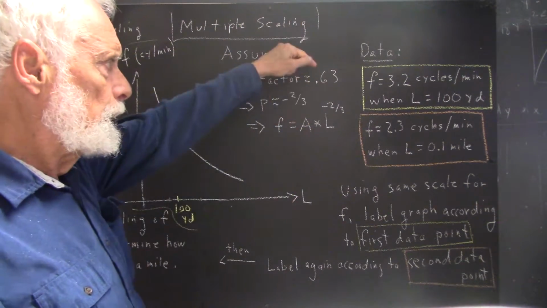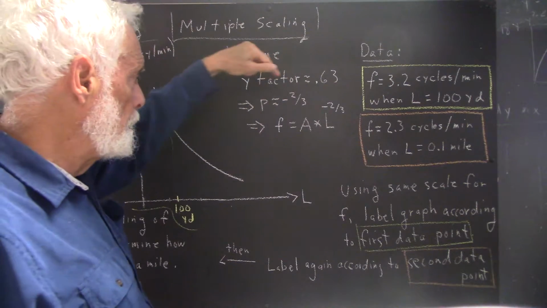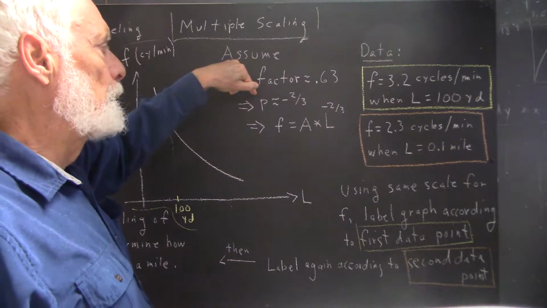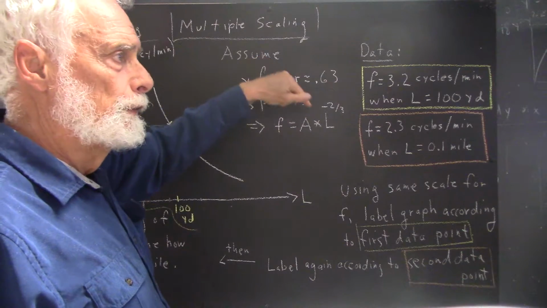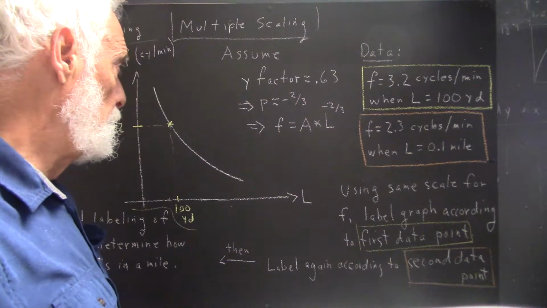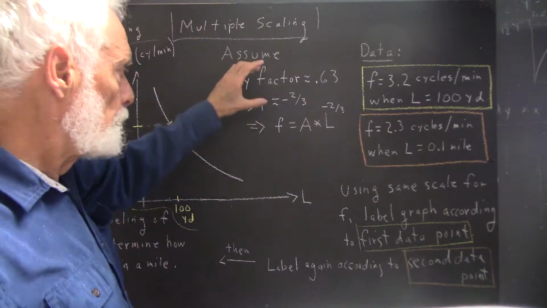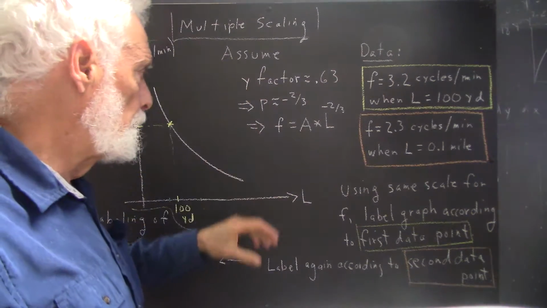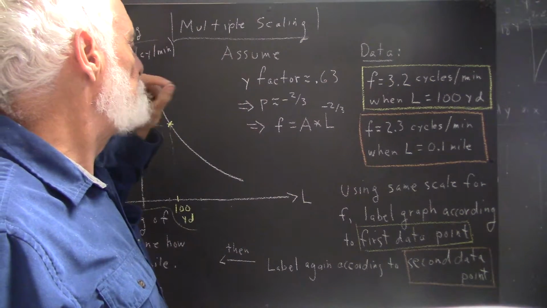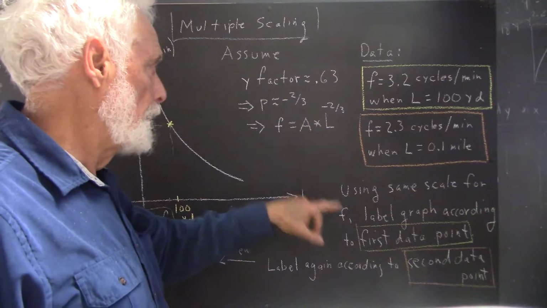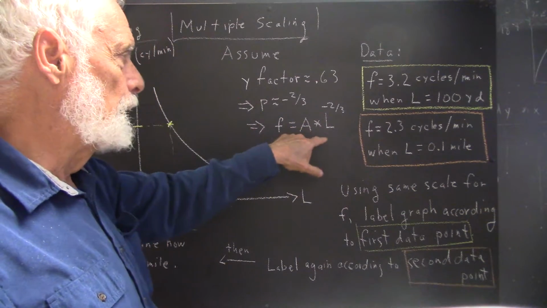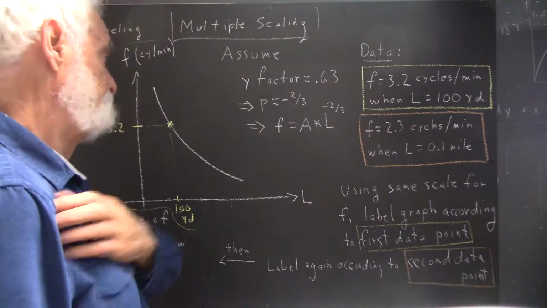Now, I don't guarantee that a Y factor of 0.63 gives you a power P that's pretty close to -2/3. I know it's pretty close to -2/3. How close I won't guarantee right now. It's within a few hundredths. So our frequency versus length model is frequency equals A times L to the -2/3.